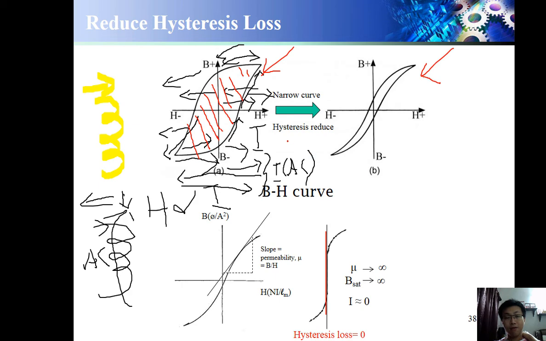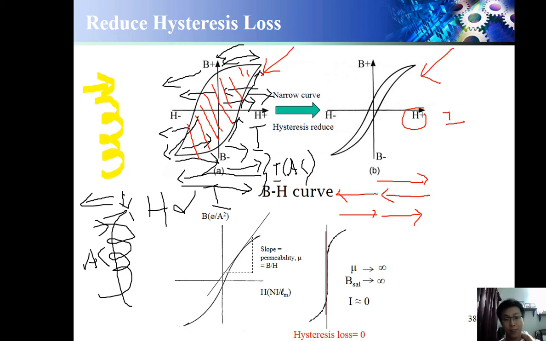You see, H is proportional to I, from 0 increase to positive, maybe positive 10 ampere. Then from 10 ampere decrease to 0, and then increase again to negative 10, the negative plane. Then decrease again to 0, then increase again back to 10. So in fact, it is an AC.